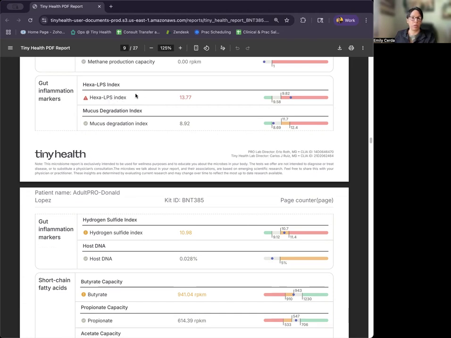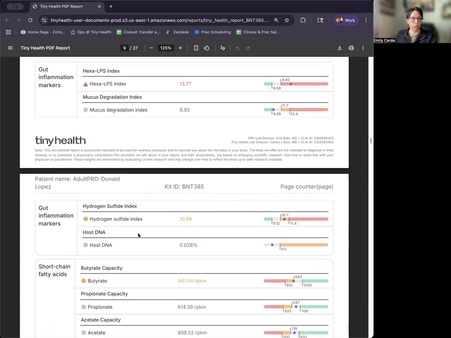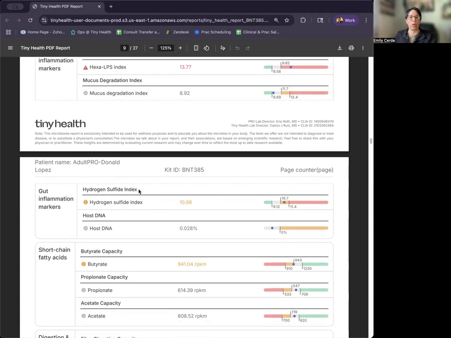So here we're looking to see, like Escherichia, for example, is great at making LPS. And perhaps there are also some genes present in this microbiome that are known to make LPS, and that will also drive up this metric. So the LPS, the mucus degradation, hydrogen sulfide production, and host DNA, these are all looks at microbially driven inflammation.